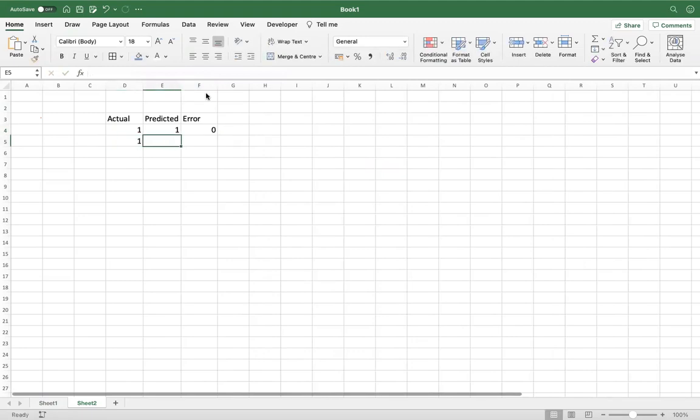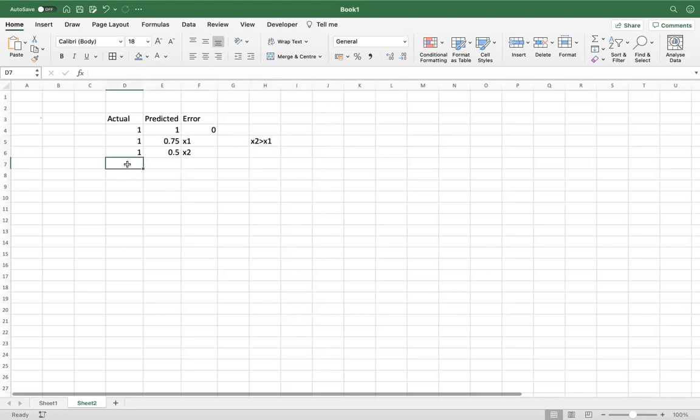If my actual value is 1 and predicted value is 0.75, there will be some error called x1. If my actual value is 1 and my predicted value is 0.5, let's say it is x2. But in this case, we know that x2 is greater than x1. Error is greater, right?